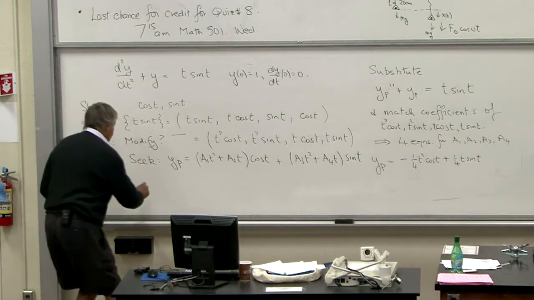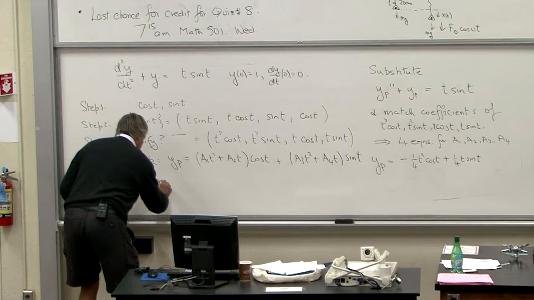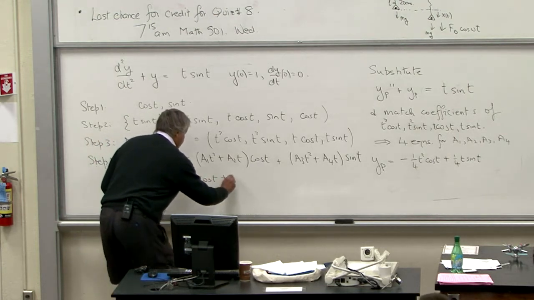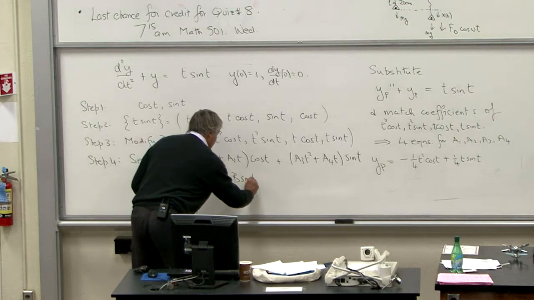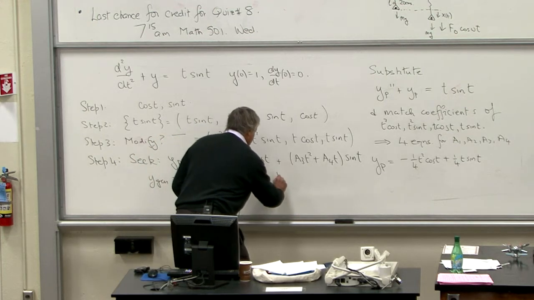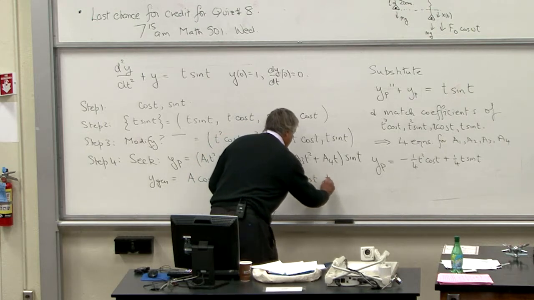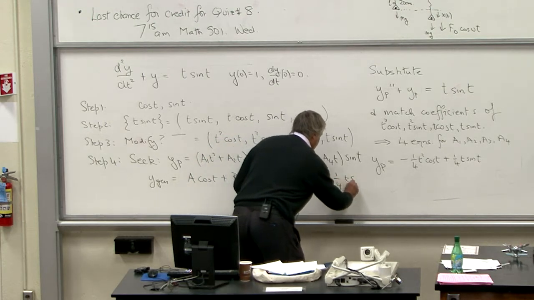The general solution then is A cos t plus B sine t, and then with the particular solution, minus a quarter t squared cos t plus a quarter t sine t.